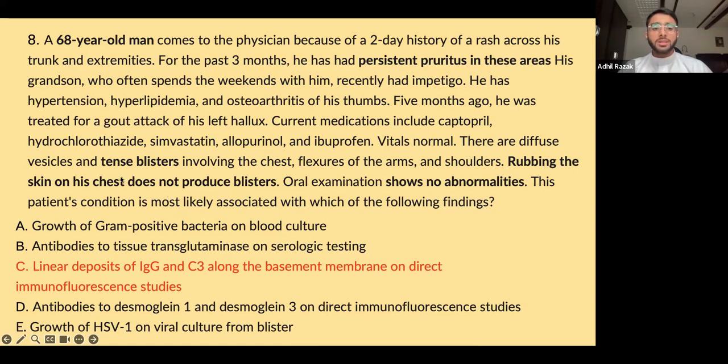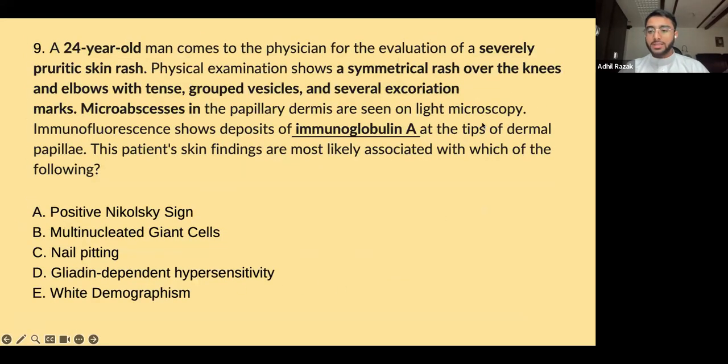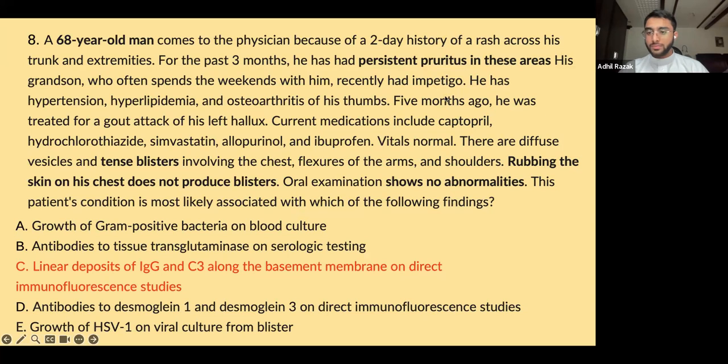Older patient, tense blisters, and the skin does not produce blisters, and all of this adds up to bullous pemphigoid. So IgG and C3 along the basement membrane of the epidermis in the immunofluorescence studies. Is that clear with everyone? Amazing. Let's go. Next question.